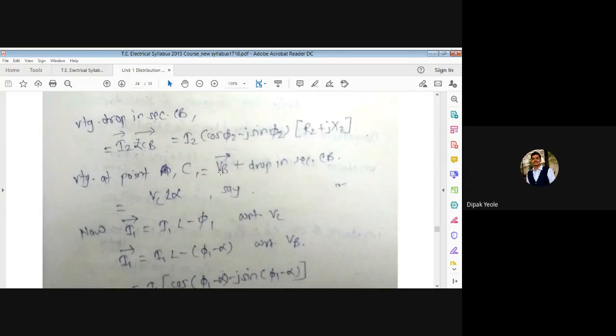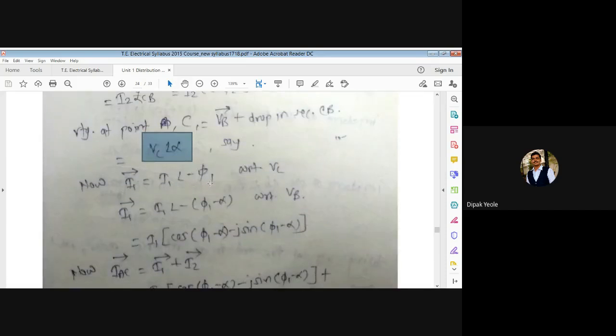Now what we have to do is consider the power factor at that point. What we did until now was consider the power factor at the receiving end for all of them, and now we have to consider the power factor at that same point. So for this, VC at an angle of alpha, you have to consider I1 can be written as I1 at an angle of minus phi1, and minus phi1 you can write in terms of alpha as phi1 minus alpha.